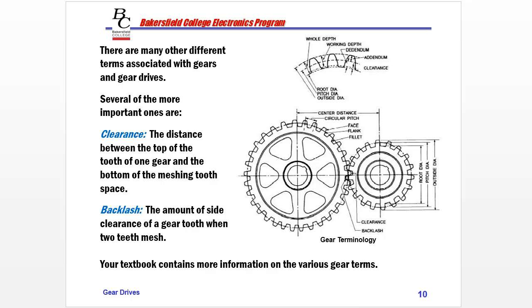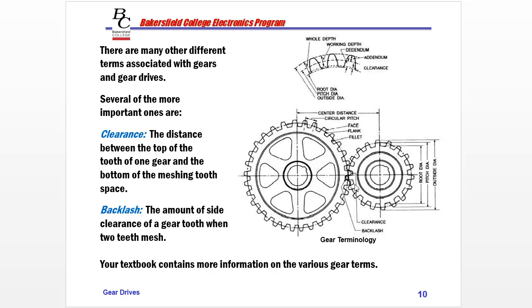We've hit on some of the main terms of gears, but there are several more, and we need to talk about the important ones. First is clearance. It's defined as the distance between the top of the tooth of one gear and the bottom of the meshing tooth of the other gear.